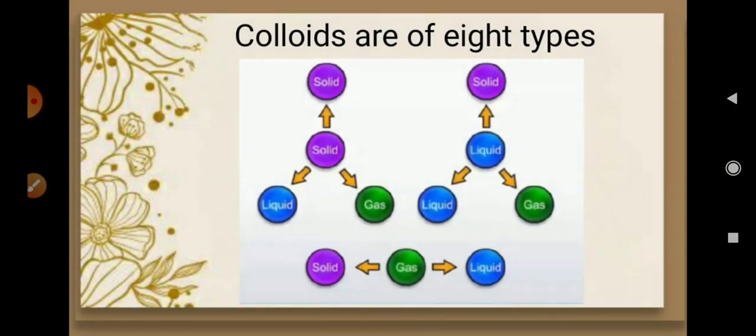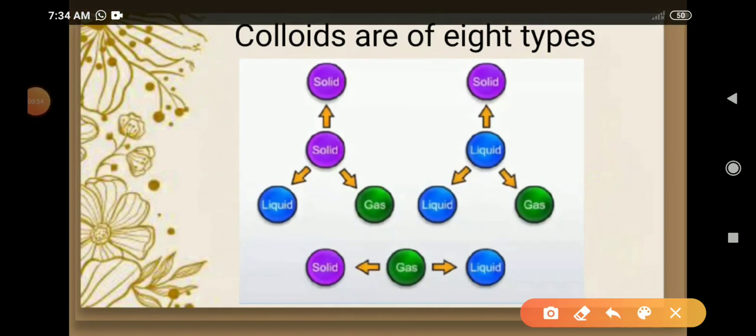These are of 8 types. How does it become 8 types? If this is the dispersion phase and these three are the dispersion medium, that means dispersion phase is solid, dispersion medium, if it is solid, then it is one type, it is second type, third type.